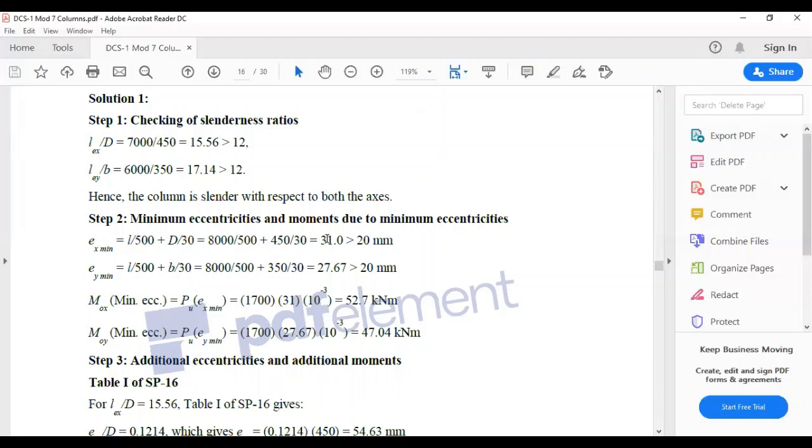So this comes out to be 31. And in EY min, the value is L by 500 plus B by 30, putting the value of L as 8000 here and B is 350, so it comes out to be 27.67. Both these values are greater than 20.